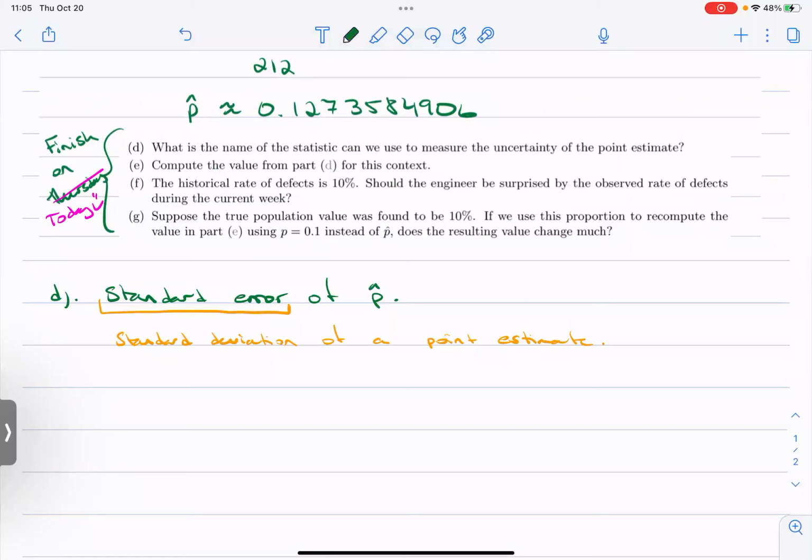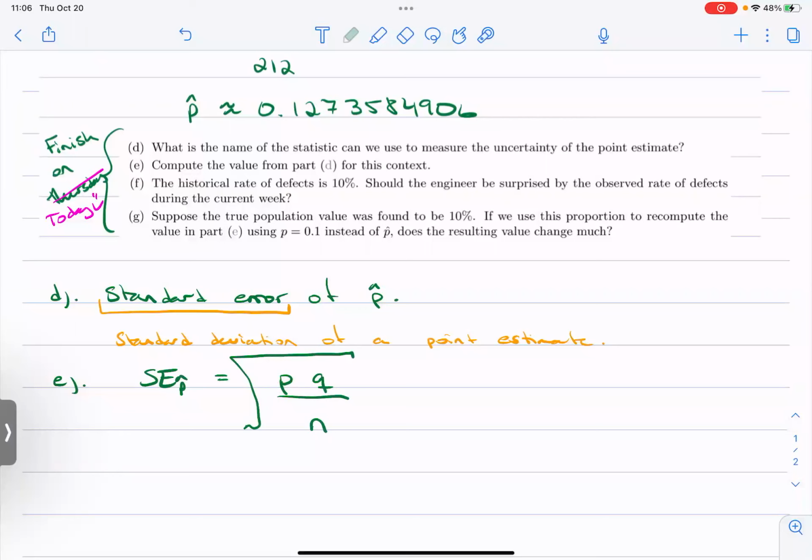Okay, so then we were going to find the standard error from part D. So we said that the standard error, and this is from last day, but I'll just remind you that the standard error of p hat is technically the square root of PQ over N. But then one of the problems that we had was that we don't know P because that's the population proportion.